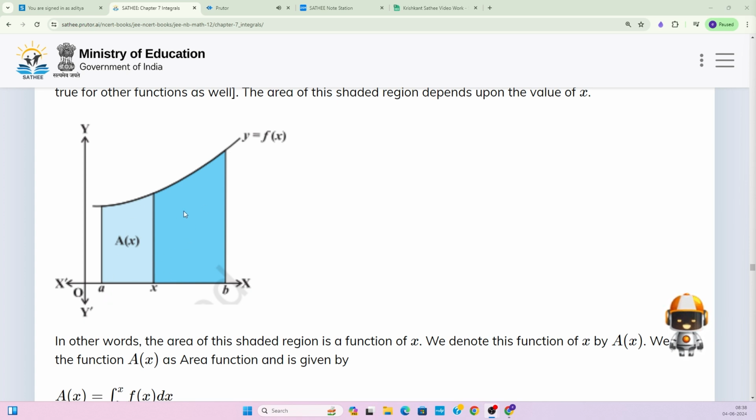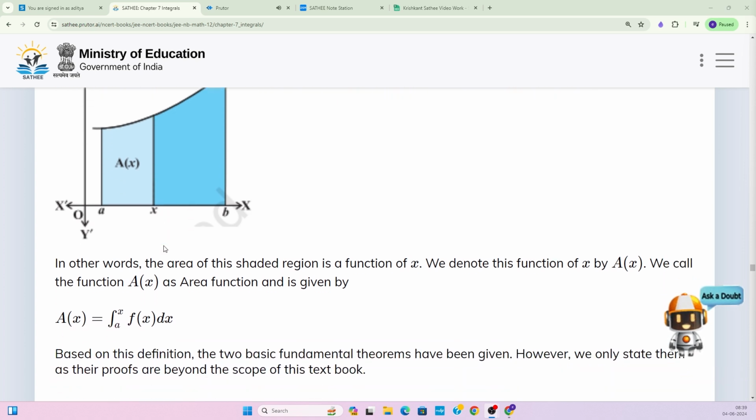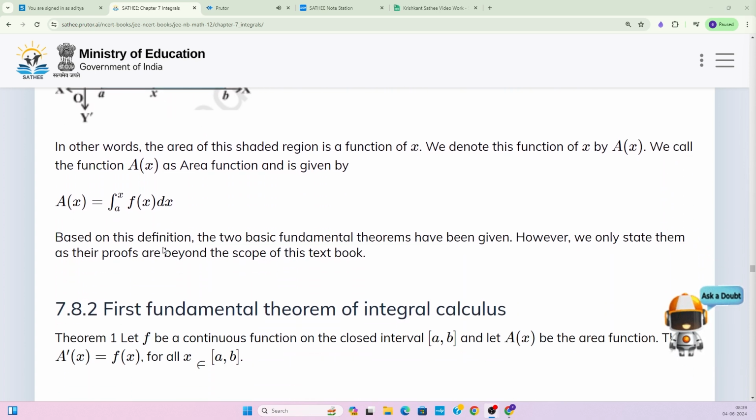The area or region bounded by the ordinate x equals a, the ordinate x equals b, the x-axis, and the curve y equals f(x) is what my area function depending on x represents. Clear? Based on this definition, the two basic fundamental theorems have been given.